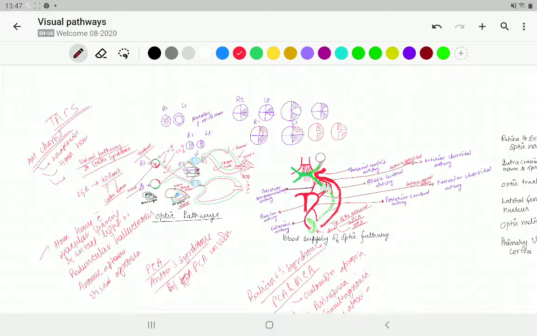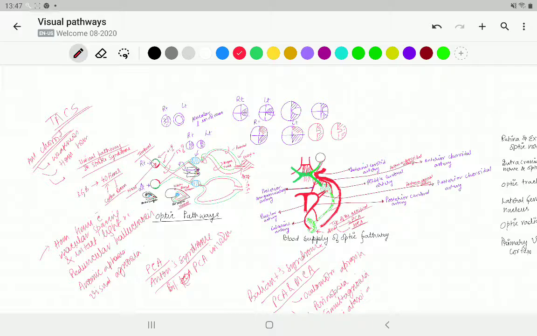If the bilateral PCA is affected, we get what we call Anton syndrome, where there is cortical blindness with intact light reflex, and the patient is sometimes unaware of their blindness. They are blind, but they are not aware of that.